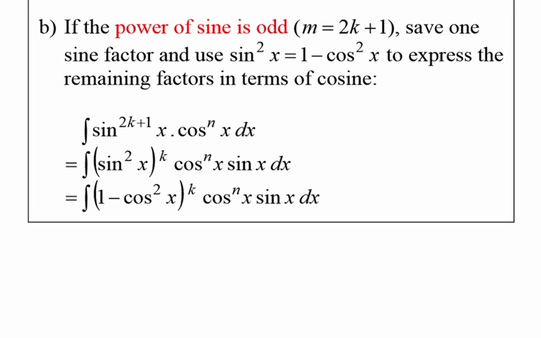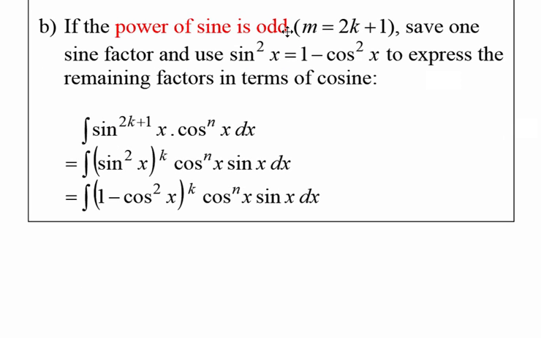If the power of sine is odd, then what you do is, instead of saving the cosine, you save the sine factor. And you use this identity to express the remaining factors in terms of cosine. So here, you're going to get your sine squared of an angle, and you express that in terms of the identity, you square or whatever, and you times everything in.